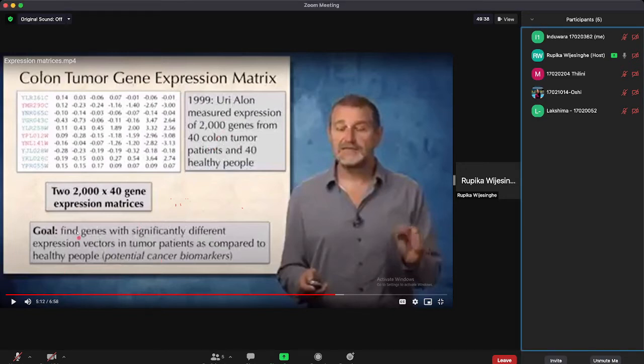Okay, so how is it going to happen? By finding the genes with significantly different expression vectors in tumor patients compared to healthy people. So imagine this gene: if this vector is significantly different from the healthy people, if the behavior of this gene is significantly different in all the cancer patients.